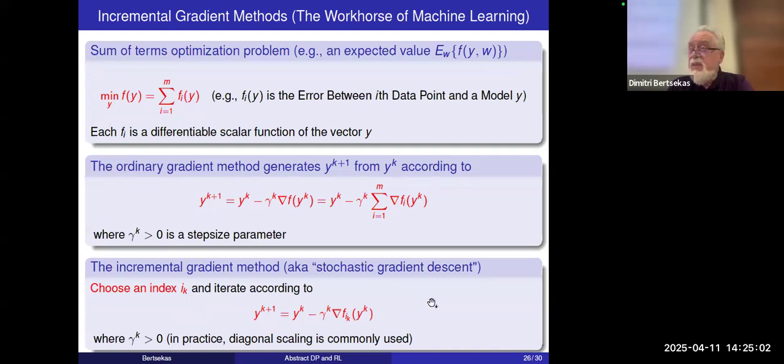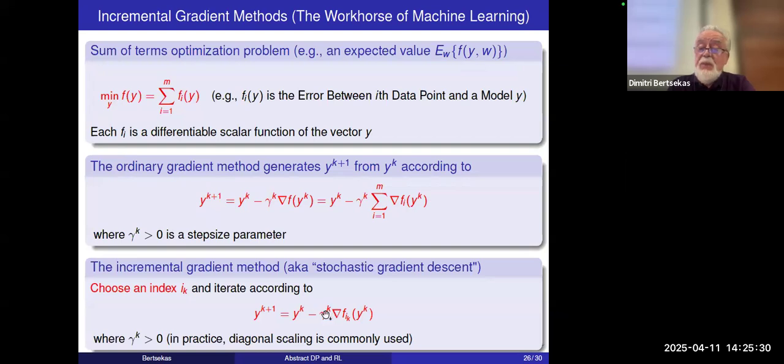People have been very inventive about improving these methods. For example, there are practical methods used very widely in neural network training that use diagonal scaling here. The idea of diagonal scaling is a very old idea in nonlinear programming and in gradient methods to improve the condition number of the problem.